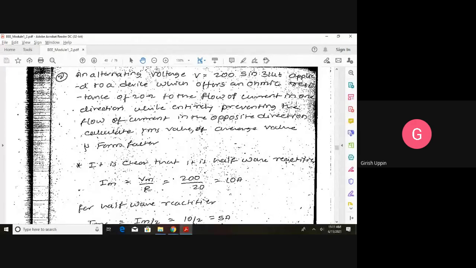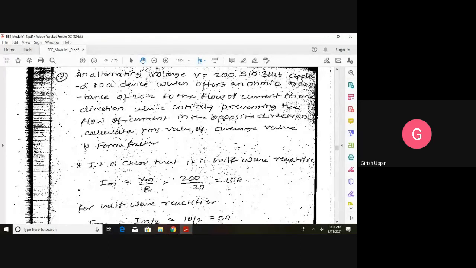So 200 by 20, 10 amperes. So Im is the peak value. Now we got the equation for the current. Lowercase i is equal to Im sine 314t.